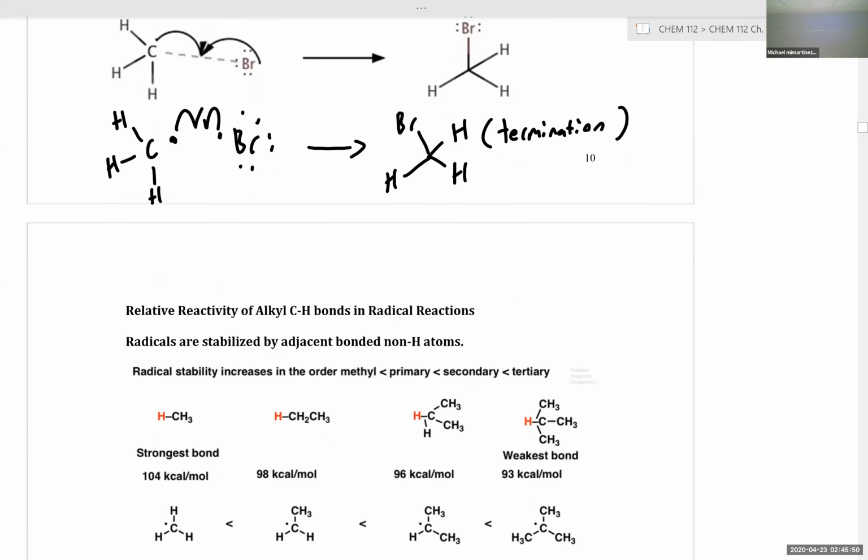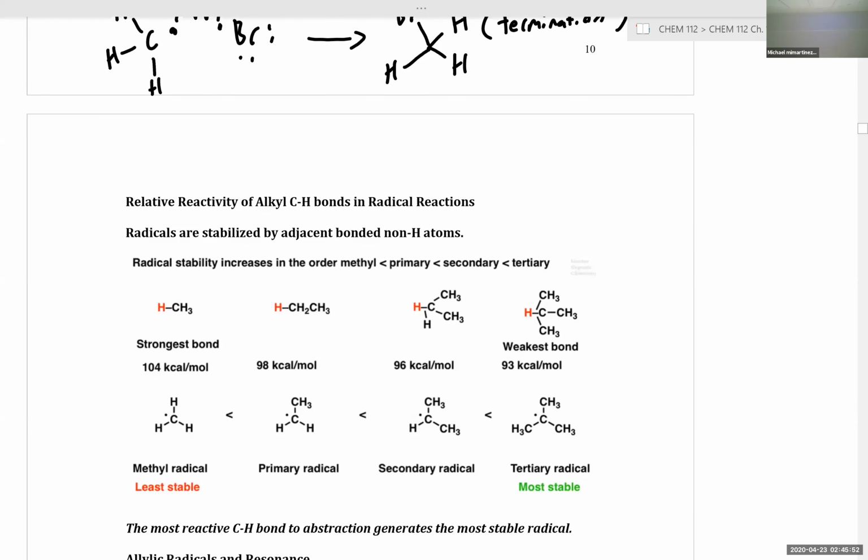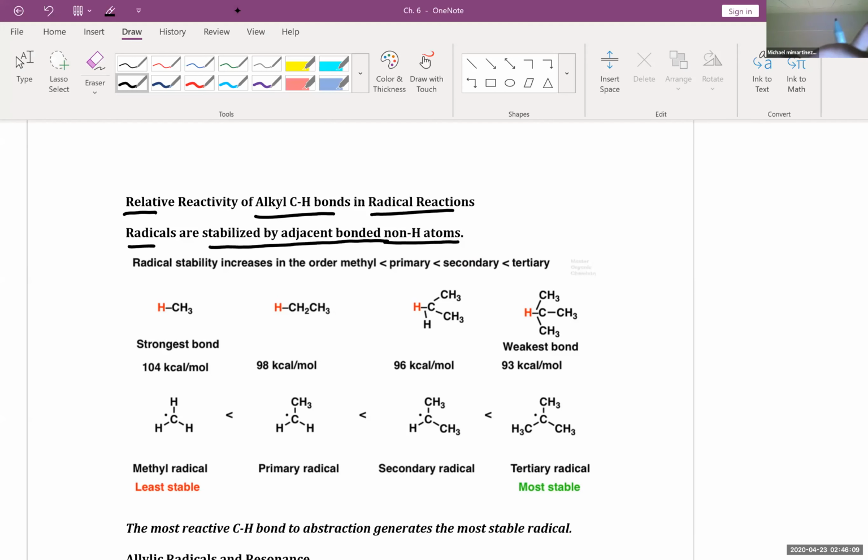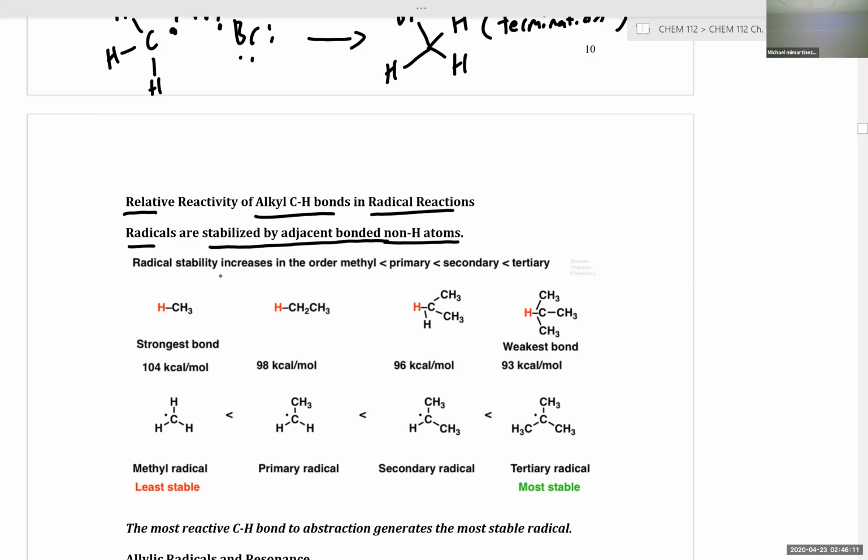So let's look a little bit at the reactivity and the relative reactivity of alkyl CH bonds in radical reactions. So the key feature I want you to keep in mind and be aware of is that radicals are stabilized by adjacent bonded non-hydrogen atoms. So radical stability increases as we go from methyl to primary, secondary, to tertiary.